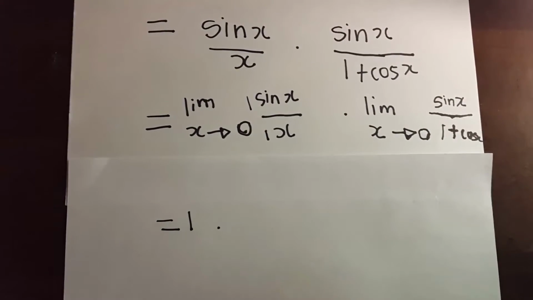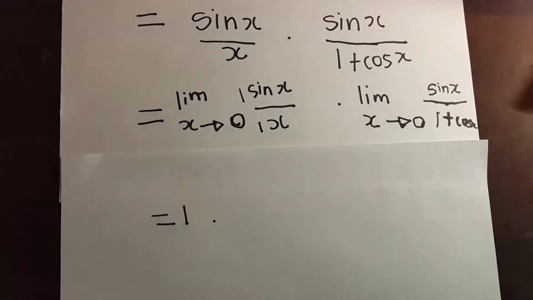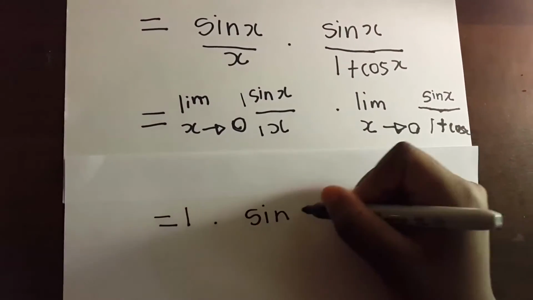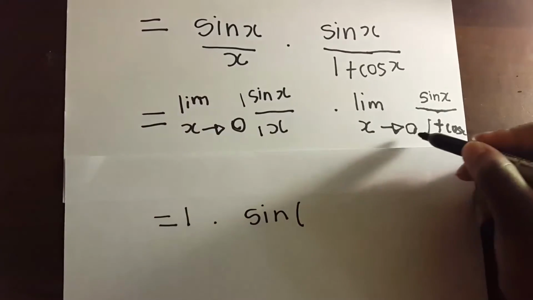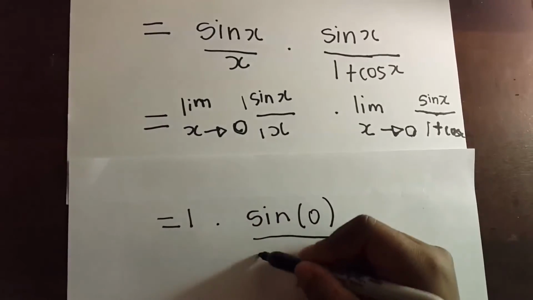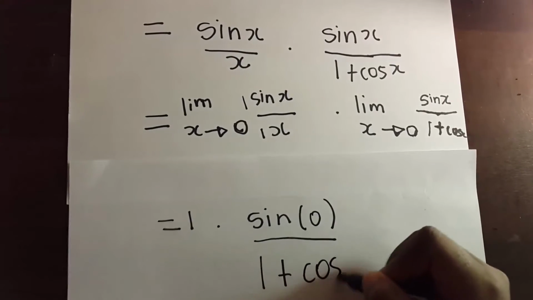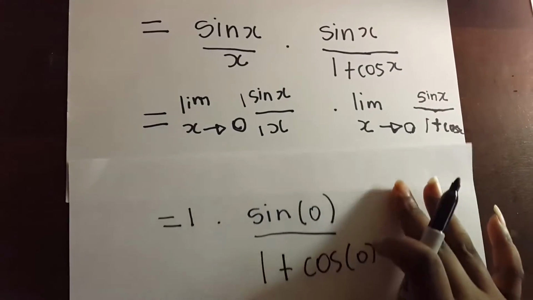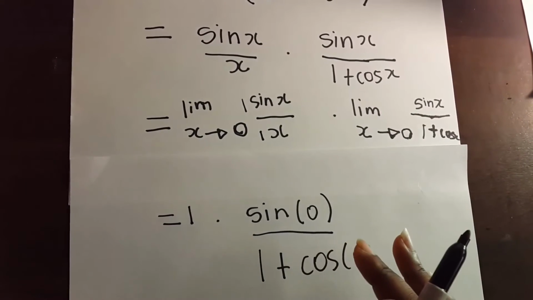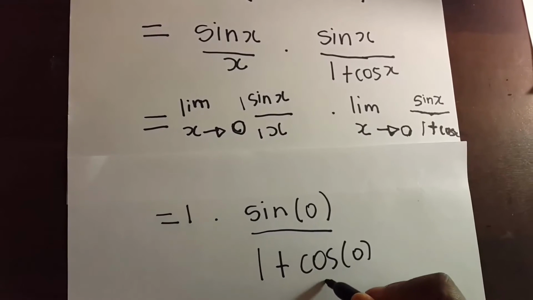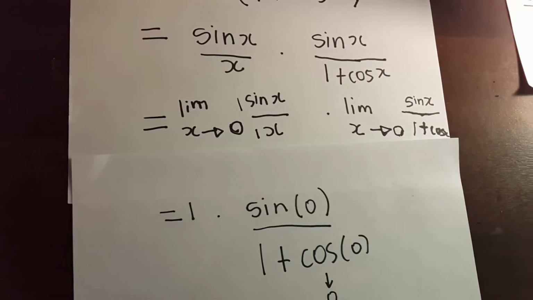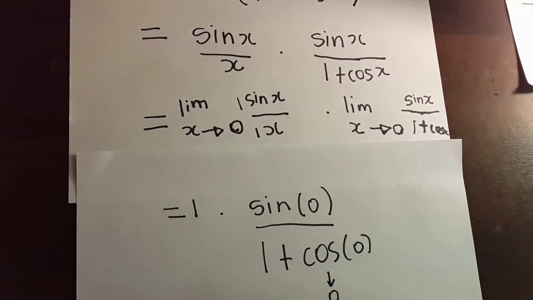Here you simply plug in the 0, so you have sine 0 over 1 plus cos 0. If you plug this into your calculator, you get 0 on this part. So it's 1 multiplied by 0, which is 0.